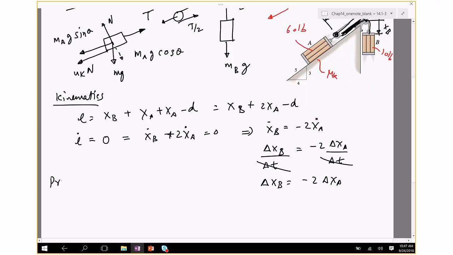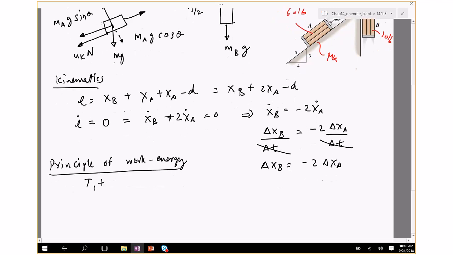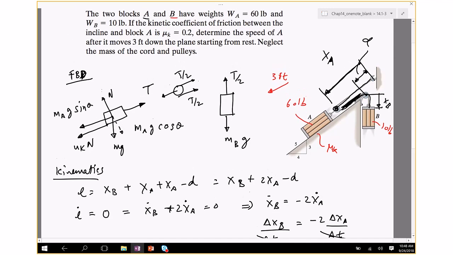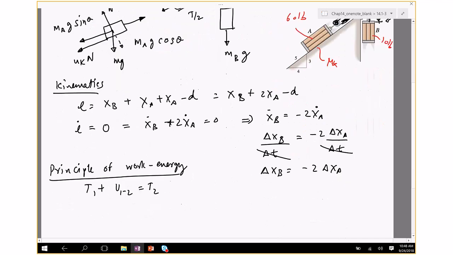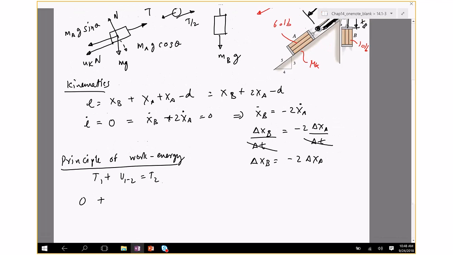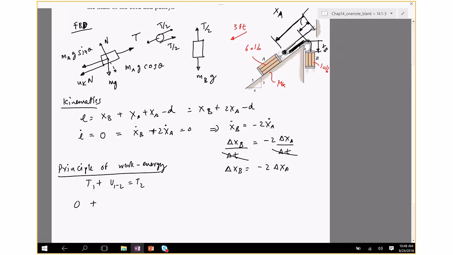Okay, now we are ready to use the principle of work energy. It states that T1 plus U12 equals T2. Okay, everything starts from rest, so T1 is 0. Let's find the work done. Now, when you find the work done, you're going to write the work done due to the entire system, right?